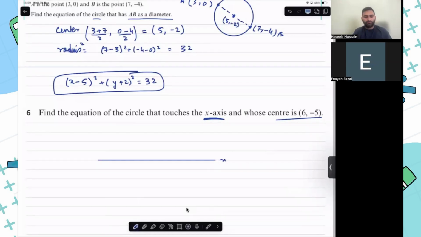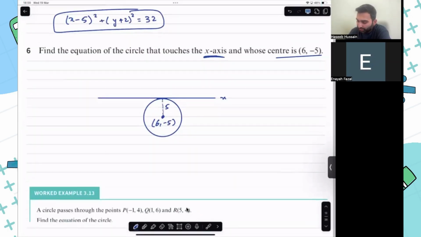Radius? It will be below the x-axis. Below the x-axis and touches the x-axis, so it must be something like this, right? What should be the radius? 5, because from the x-axis, this point is -5, the center, right?